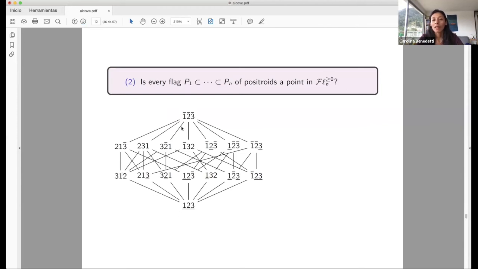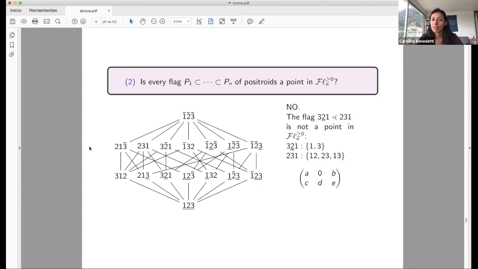Can we represent each one of these chains with a 3x3 matrix such that the top i rows have this non-negative condition? And surprisingly, at least to me, the answer is no. For instance, if you take the flag 3, 2, 1, 2, 1, 3, I'm omitting the bottom and the top because they are not relevant, this flag cannot be represented by a point in the non-negative flag variety.